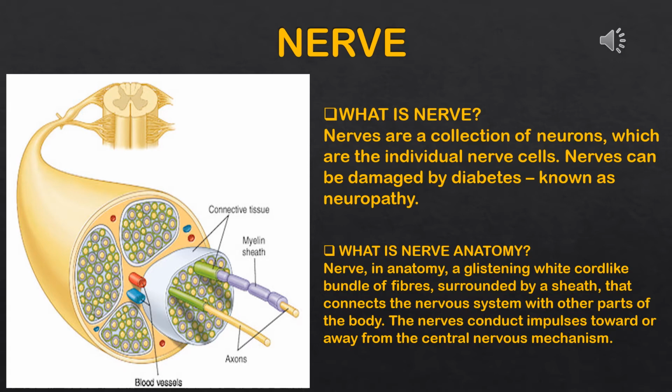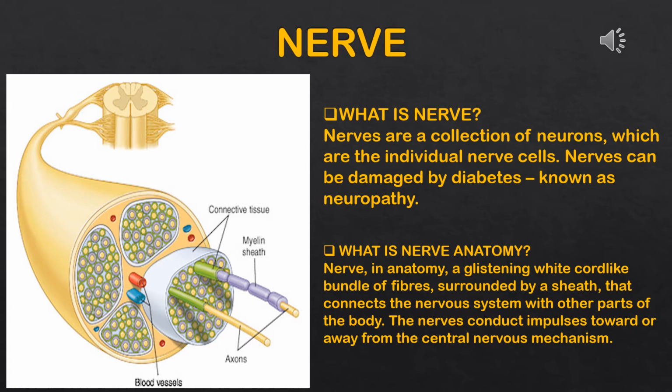So, several bundles of axons of separate neurons enclosed in a tubular sheath form a nerve. A nerve is a whitish fiber that provides a pathway for the electrical impulses from the central nervous system, that is brain and spinal cord, to be transmitted to different parts of the body.